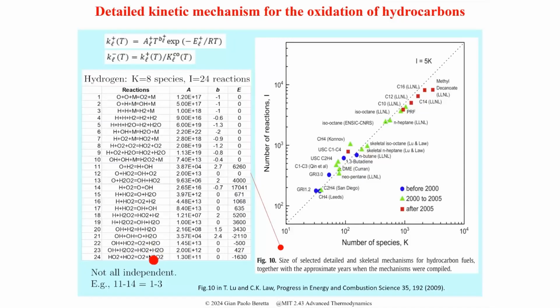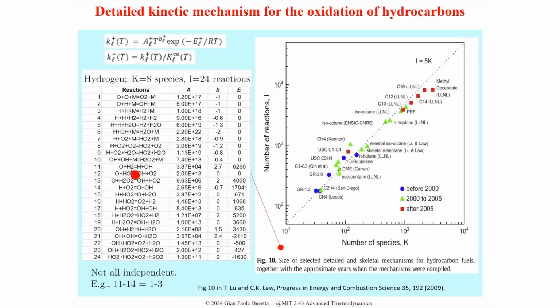Just for an example, here, if you take the 11 and the 14 reaction and subtract them, it gives you the same result as if you take the first and the third reaction and subtract them. So they are linearly combined. They're not independent.